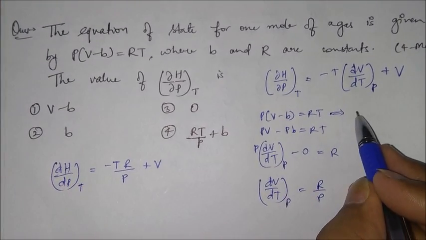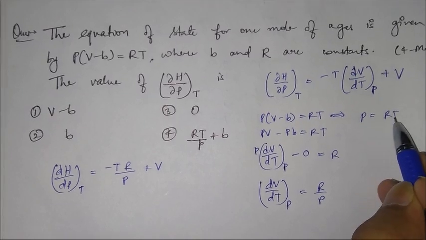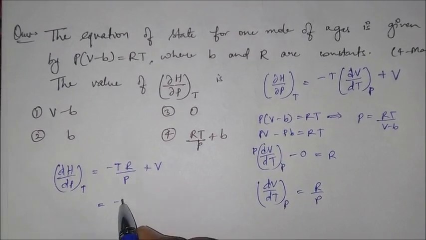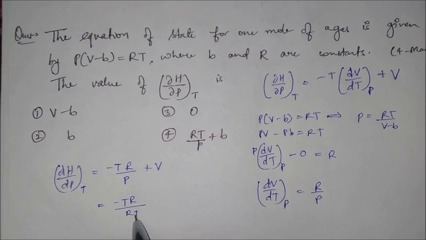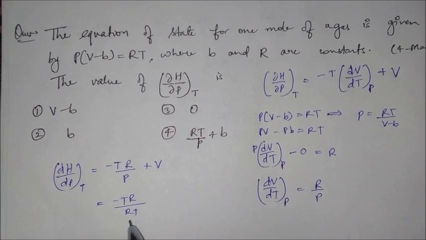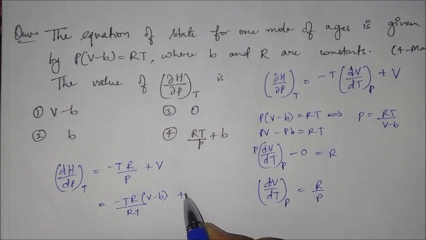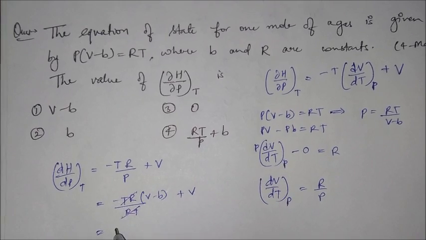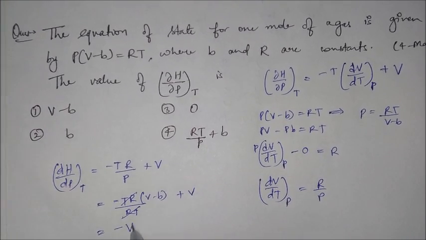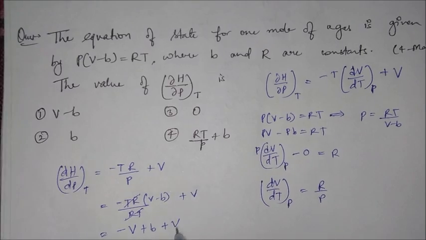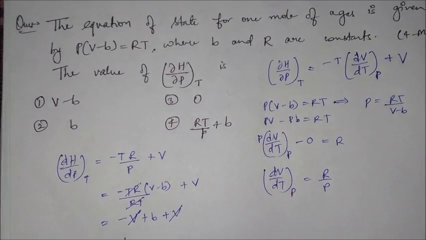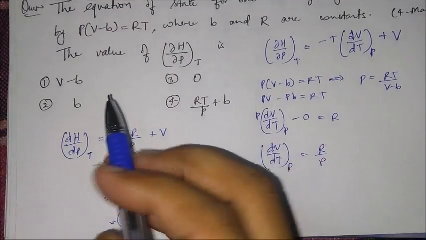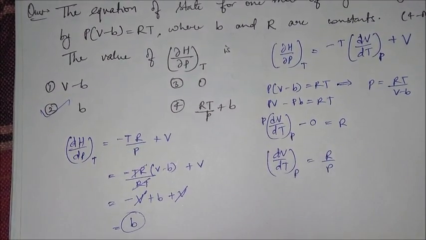P will be equal to RT upon V minus B. We'll put the value of P here, so it will be minus TR upon RT upon V minus B, which goes upside, so V minus B, and plus V. So this RT and TR will cancel out, and we open this bracket by multiplying with minus, so minus V plus B plus V. This V and this V cancel, so we get just B. So the correct answer for this whole thing will be option 2, that is B.